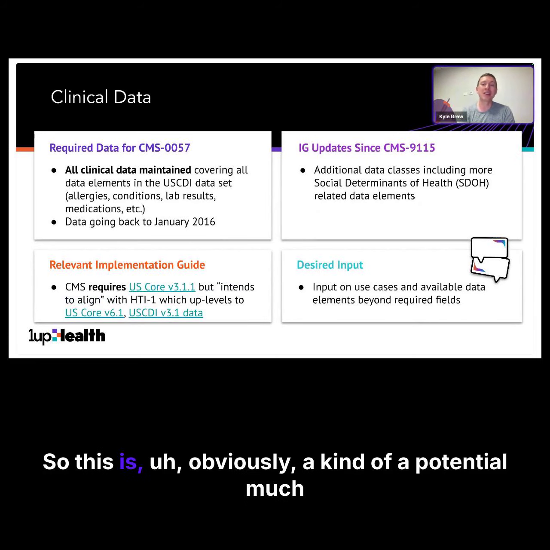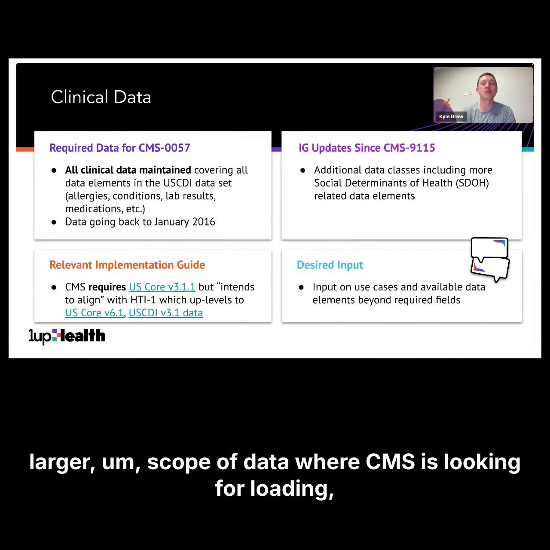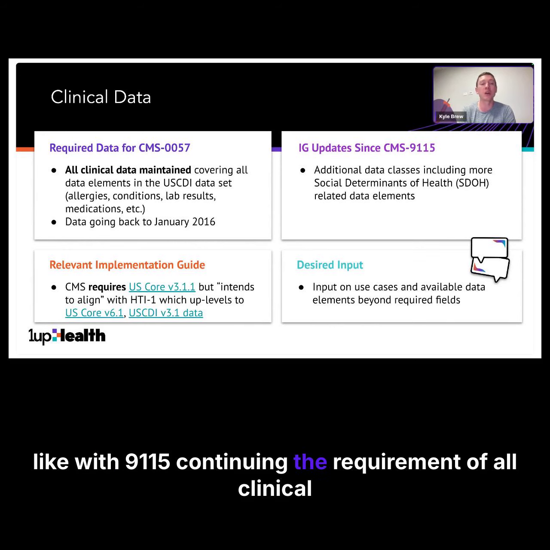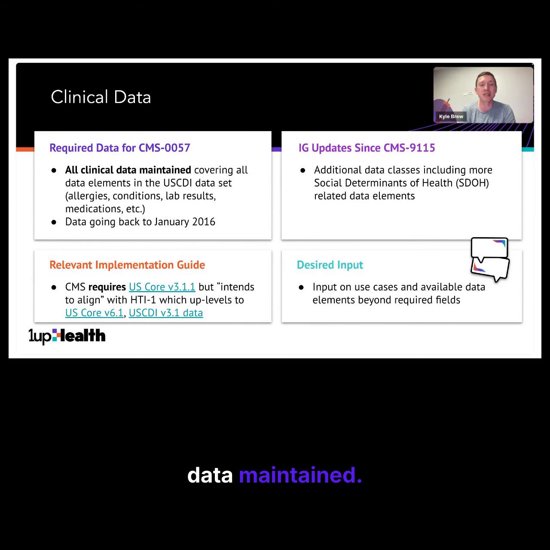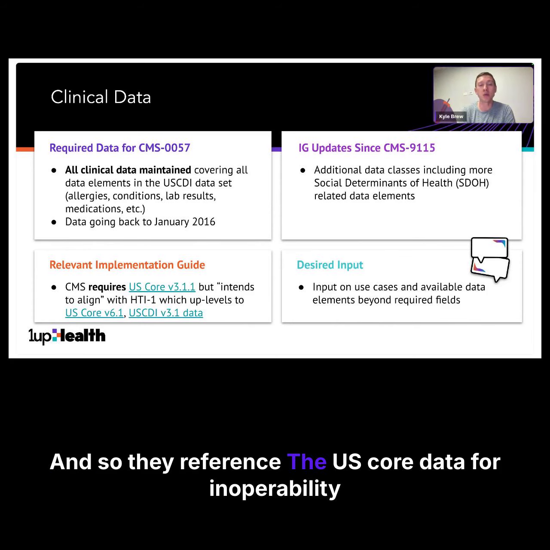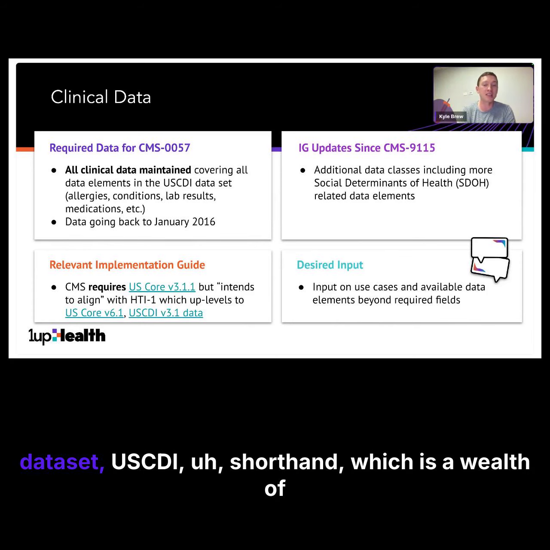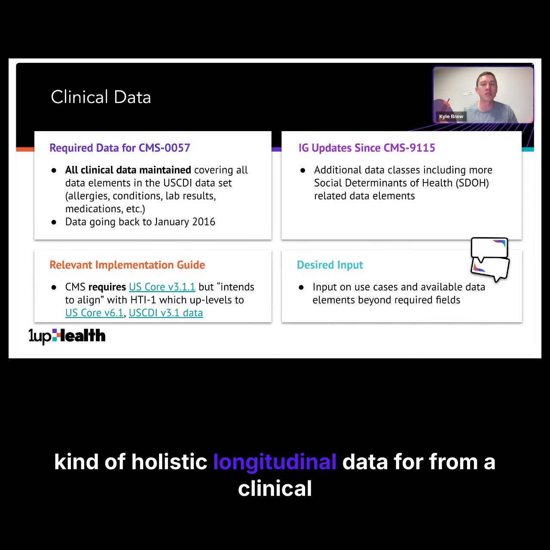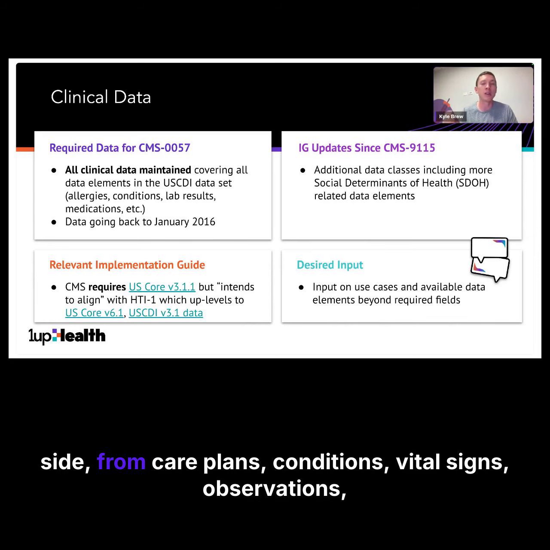Clinical data. This is obviously a potentially much larger scope of data, where CMS is looking for loading, like with 9115, continuing the requirement of all clinical data maintained. They reference the US Core Data for Interoperability data set, USCDI for shorthand, which is a wealth of holistic longitudinal data from the clinical side, from care plans, conditions, vital signs, observations, and more.